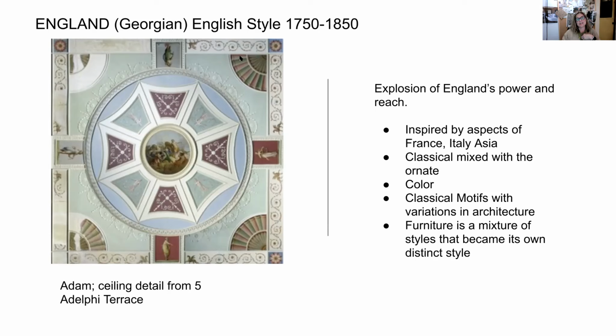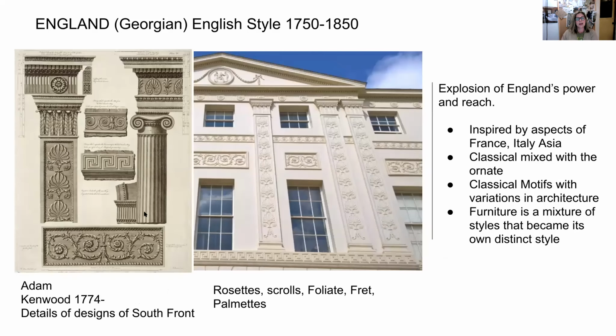And then look, the fans. At the fans, you've got the foliate along the border here. We've got some rosettes. I can't really see what's going on there, but I think that is a wave pattern all around here. So really, really cool.